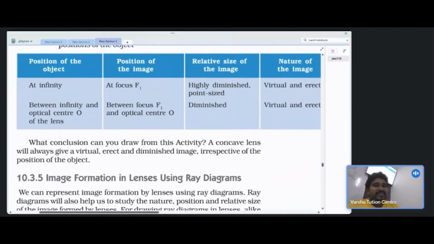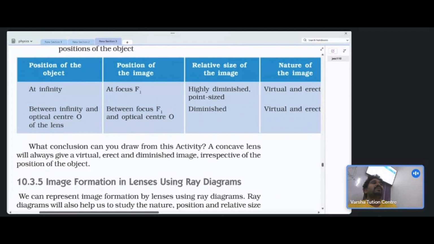Sir, here it is very simple. Which lens is it? Concave lens. So here U is always negative. Here F1 is where it forms, and F1 is on the left side, we said. So the image is virtual, which means V is negative.